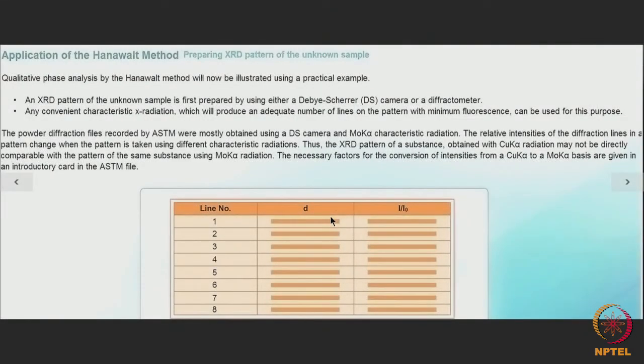Now, I will show the application of the Hanawalt method. So, first you have to prepare the XRD pattern of the unknown sample. Either you can make it by the Debye camera or using a diffractometer.